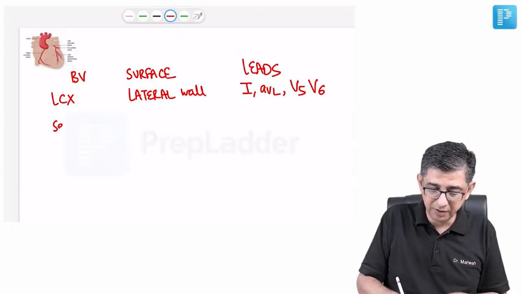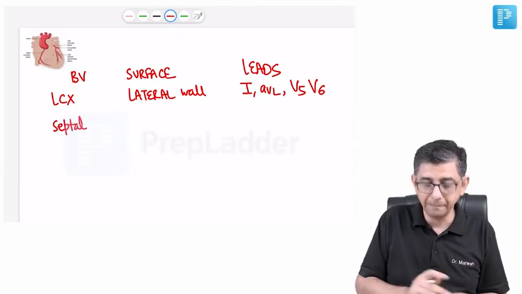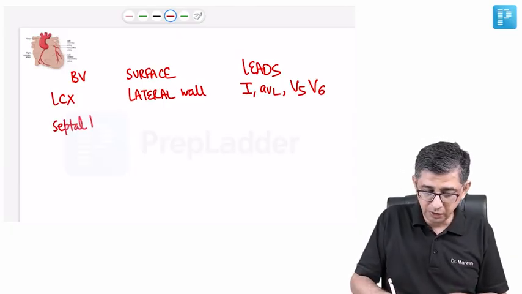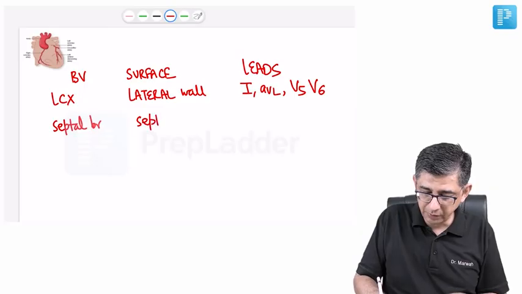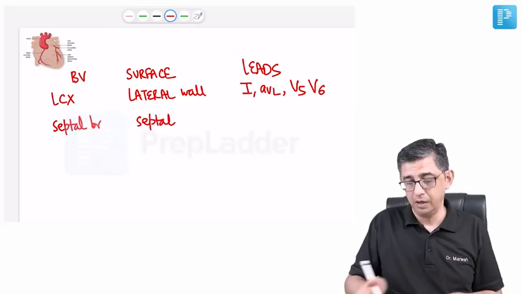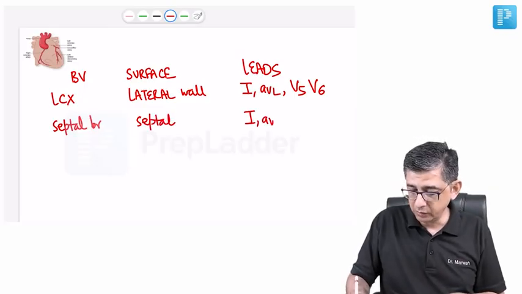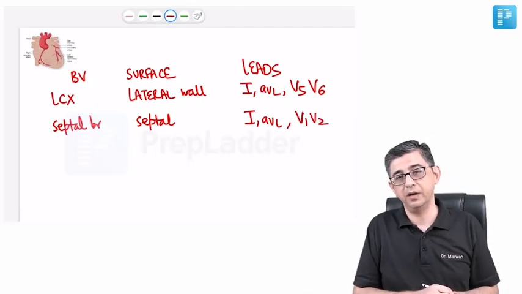On the other hand, if it's the septal branch that gets involved, then the septal branch involvement would cause a septal myocardial infarction. And in this particular case, it would be lead 1, AVL, and leads V1, V2 that would be affected.